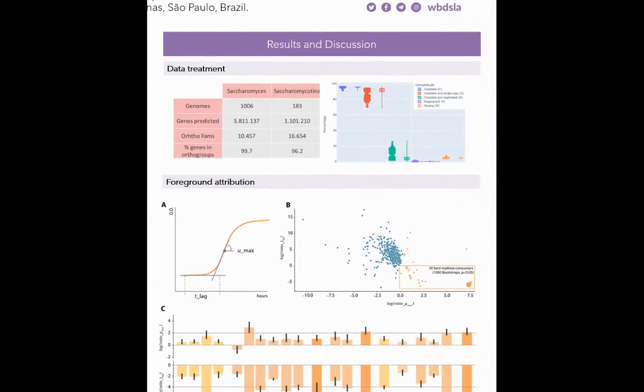Getting to the results and the discussion, so far we have been able to treat all the data, the genomes from both datasets. Saccharomyces cerevisiae had 99.7% of the sequences assigned to a gene family, yet for Saccharomycotina we had only 96.2%.